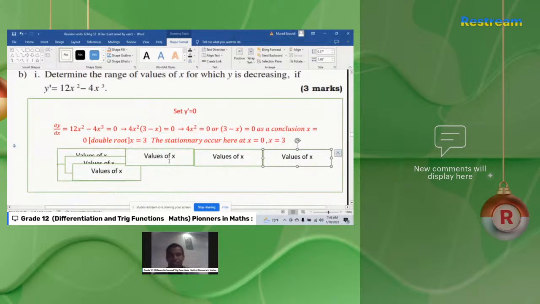Therefore, here I will just make it small if it's possible. Then I will raise this. Also here I will make it like that. I will make it small, learners.